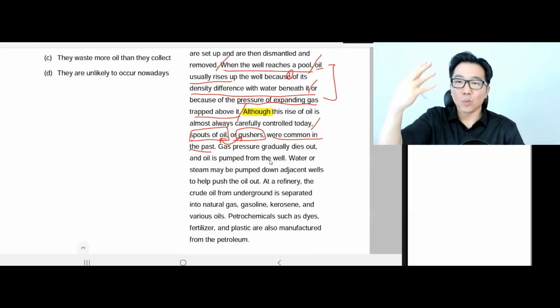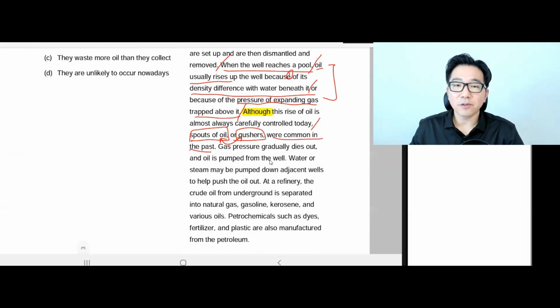So the oil will not spray above, so you have to pump the oil out from the well. Water or steam may be pumped down adjacent wells, not walls, wells. I'm sorry, if I pronounced it kind of like wall, I apologize. It's just an honest mistake. Adjacent wells to help push the oil out.